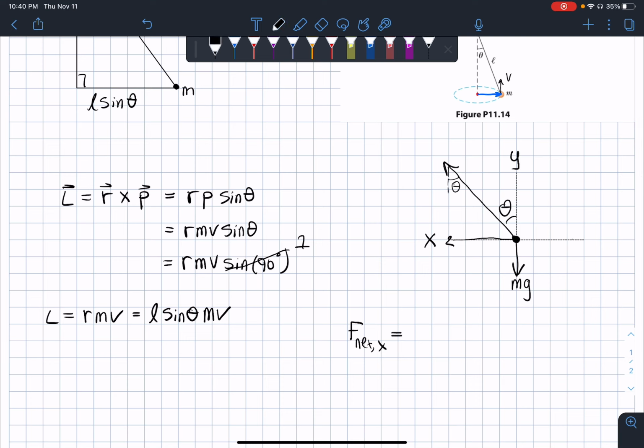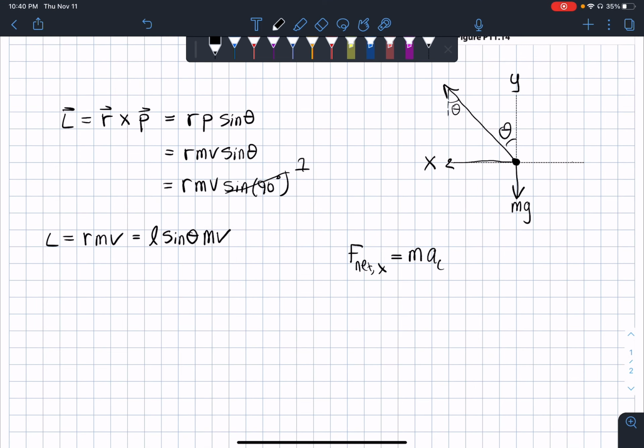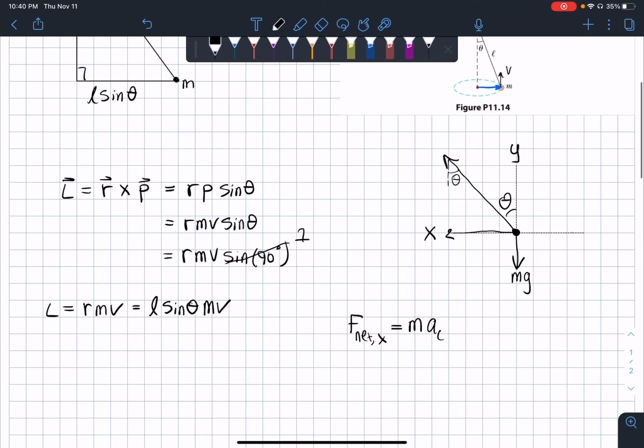So I'm going to say that the net force in the x direction is equal to mass times centripetal acceleration, and the only force in the x direction is this guy right here, which is the component of the tension. I guess I should call this just T for tension.